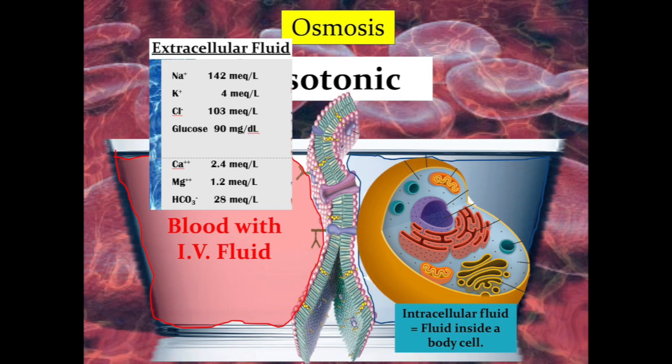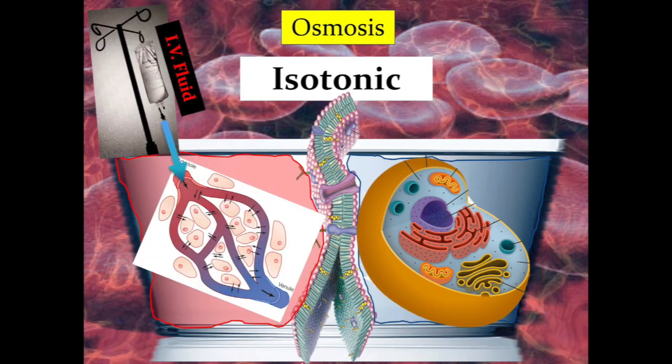This is from that first slide we looked at of the cell membrane, showing you the basic concentrations of the ions: sodium, potassium, chloride, glucose. And then again, there's the intracellular fluids on the inside of the cell. So we've hooked up the IV, and we're going to run an isotonic solution.